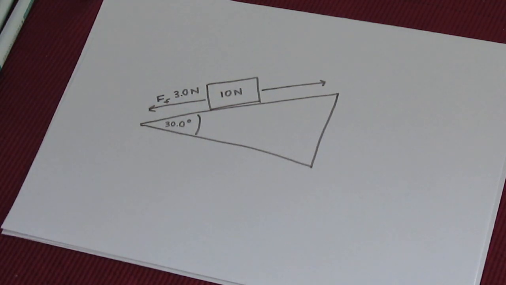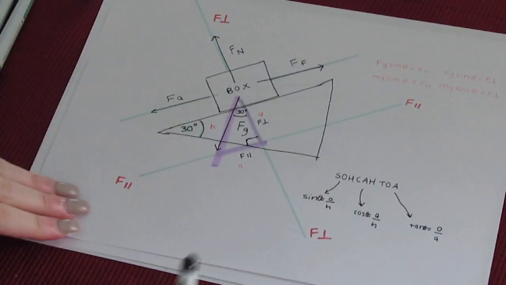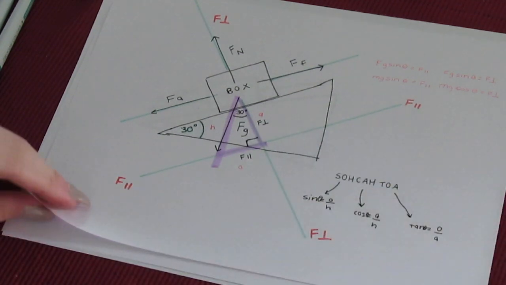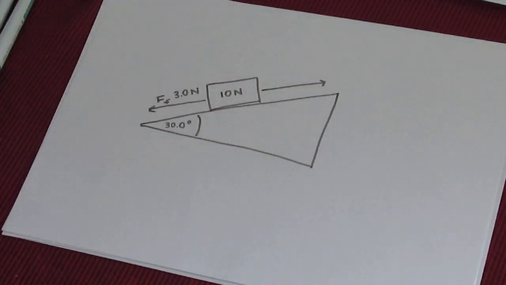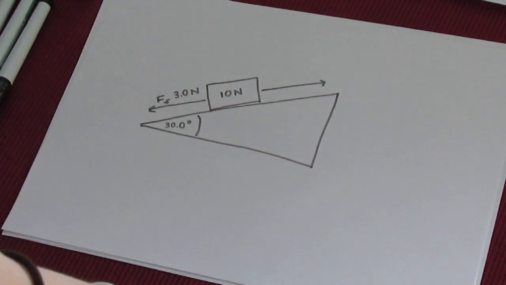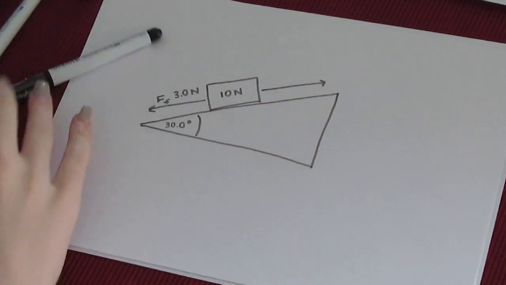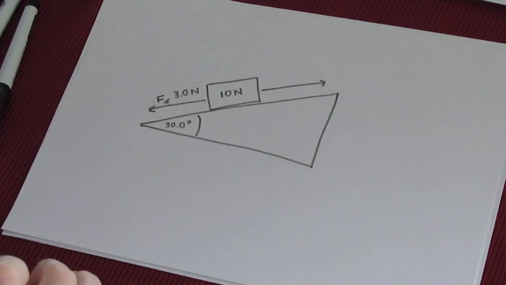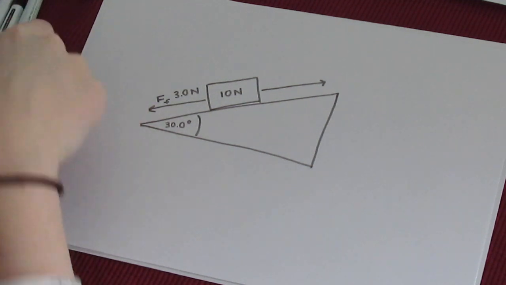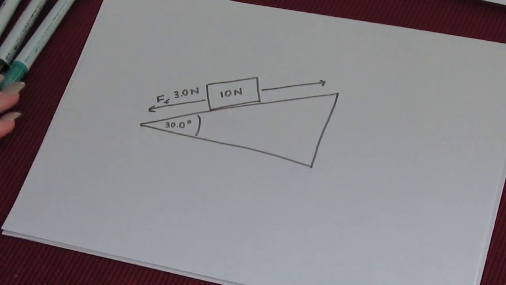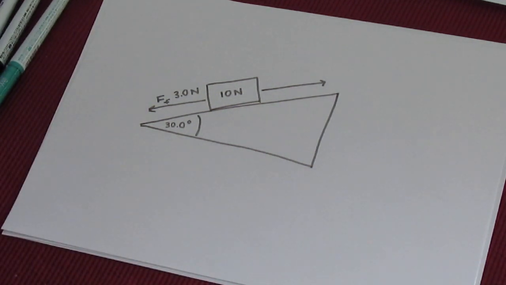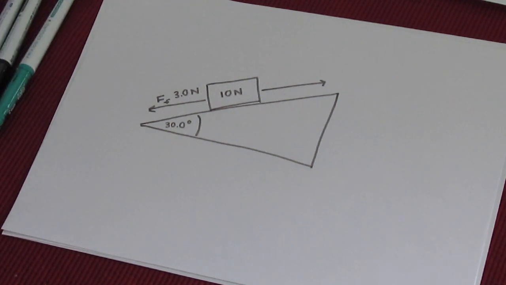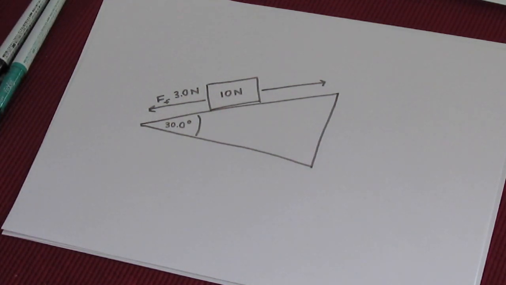Now we're just going to draw what we did in this diagram. We're going to draw all of our lines here, and we're going to label all of our forces. Well, actually, we'll label our forces first. So let's see. We'll do our normal force in blue.